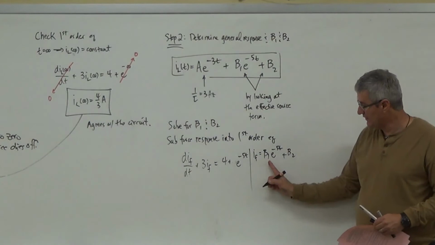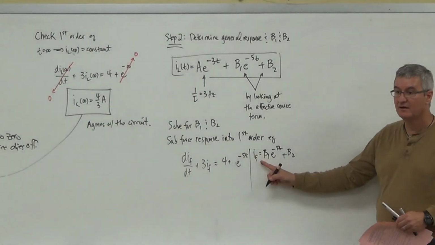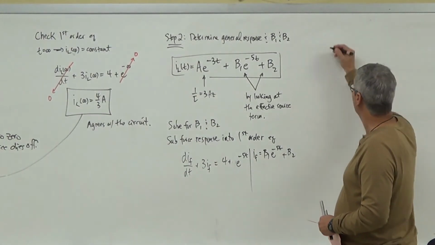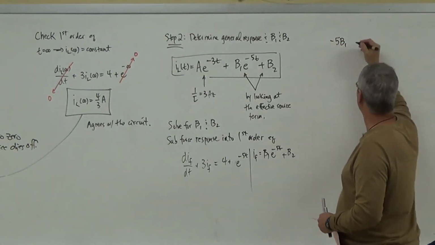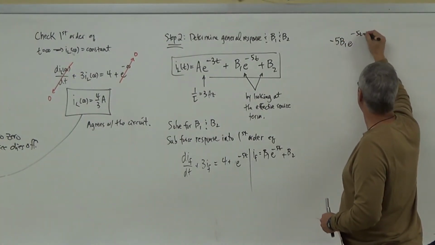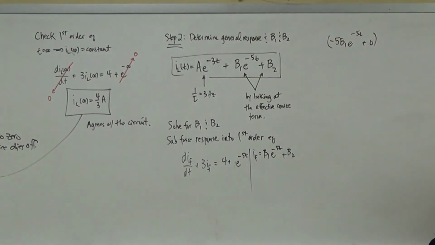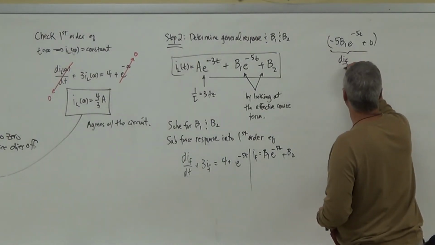But the derivative of the exponential term brings down a minus 5, so I get -5 b1 e^(-5t) + 0. So that's my first term. This term right here is dI_f/dt.